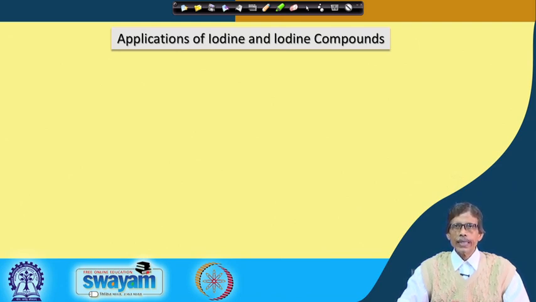We are not going into detail of all the industrial aspects, the reactor and all these things, but we are focusing our attention mostly on the corresponding inorganic chemistry that is applicable for industrial production. So, definitely we should know the use and application of the compounds. Until and unless we know these, we cannot say that these iodine compounds will be useful industrially and useful for production on an industrial scale.